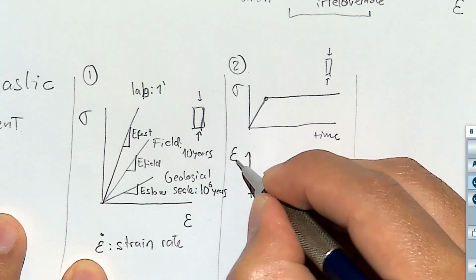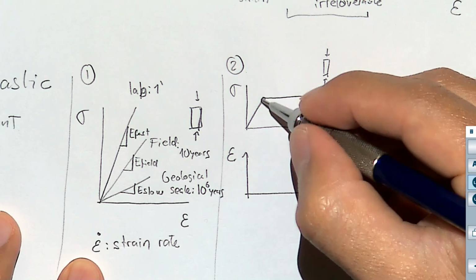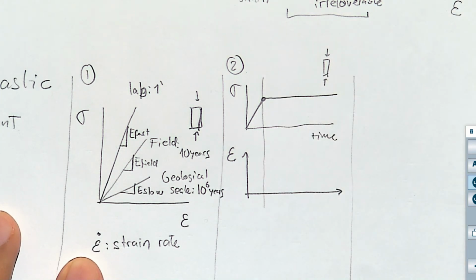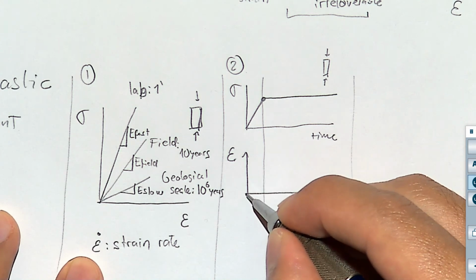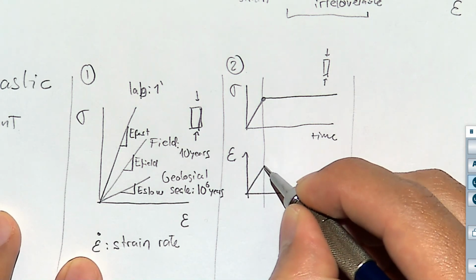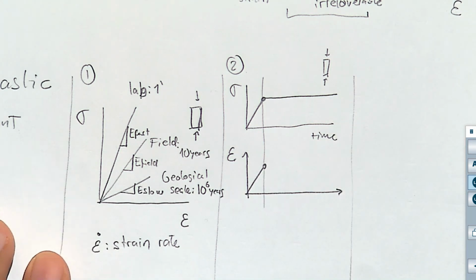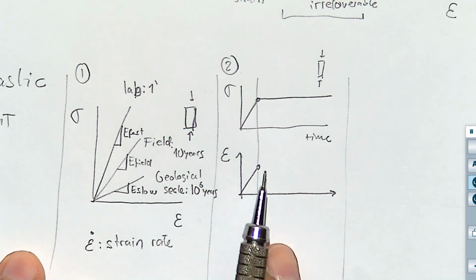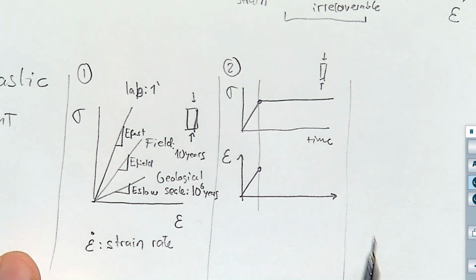I'm going to plot here strain. When I load it, say if I compress it, the rock is going to get smaller and it will show some strain. What is going to happen after this? Will the rock keep the same strain or will it deform more? What do you think?